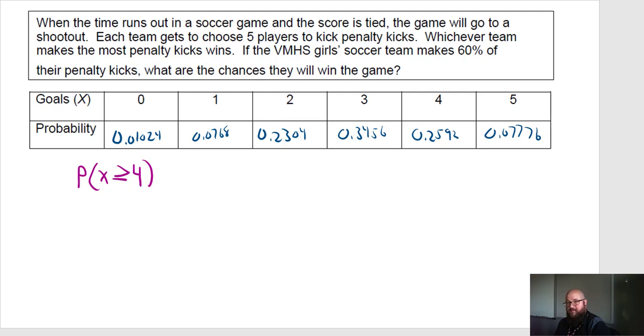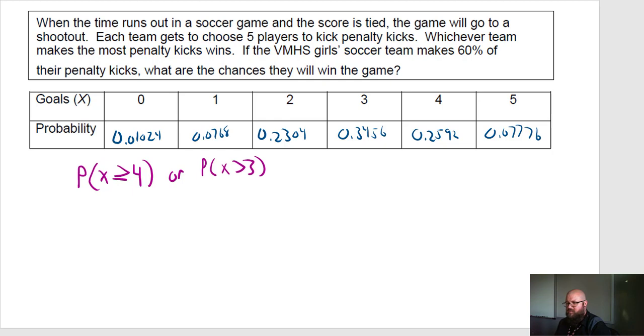So at least make 4. Or you could write this as the probability of x greater than 3, because that would include 4 and 5 and exclude the value of 3. Either way you write this would mean the same thing.